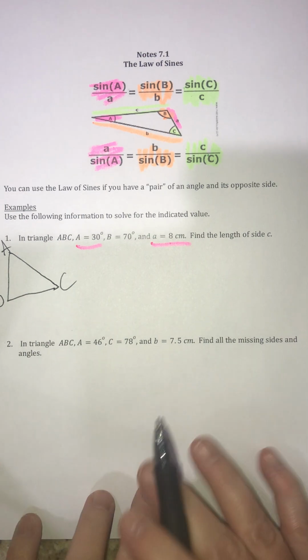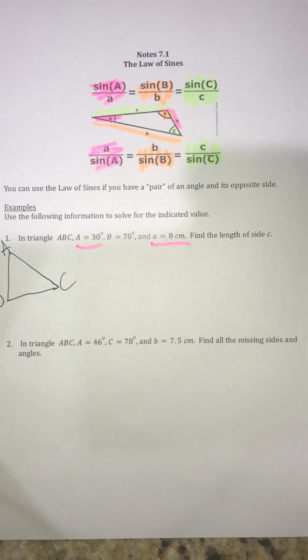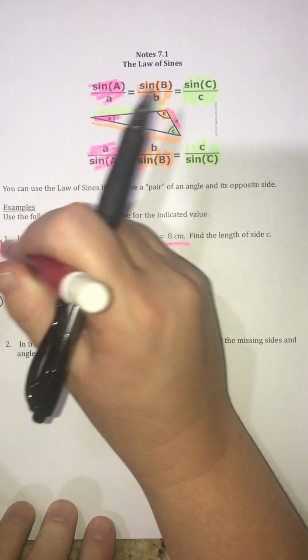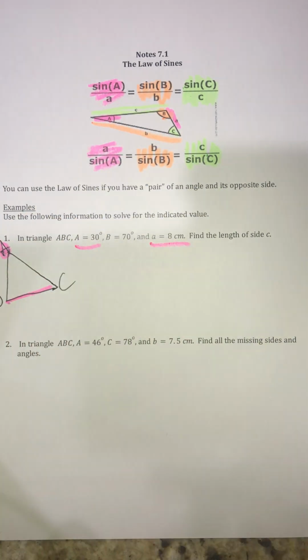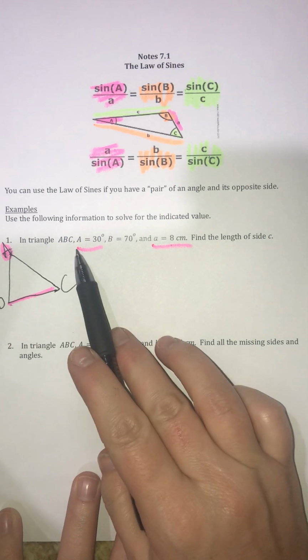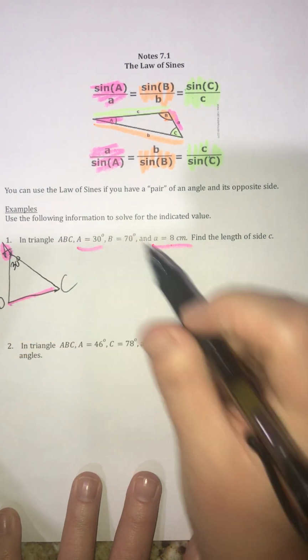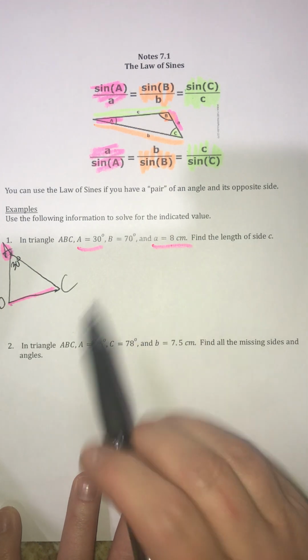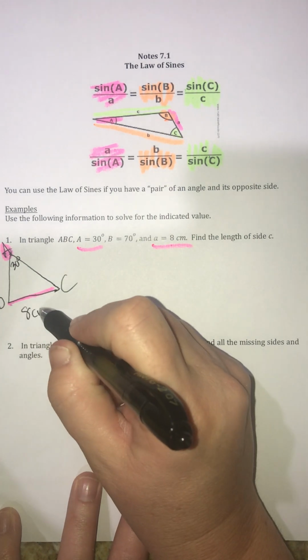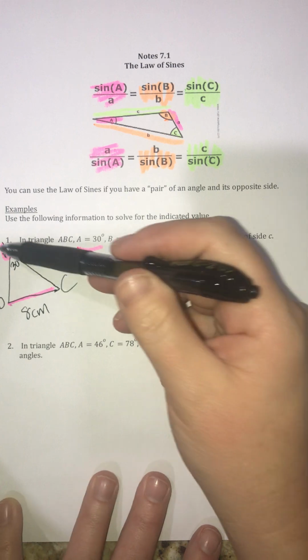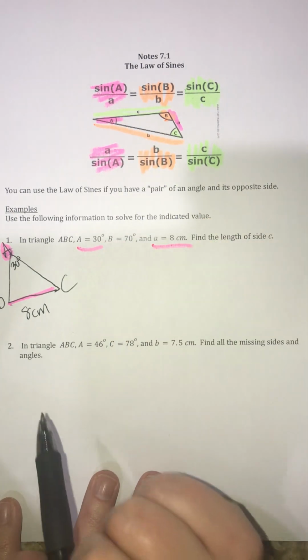When I label my triangle, I have to make sure that my angle A and the opposite side A are the ones that get labeled. So big A, 30 degrees. Little a, 8 centimeters. That pair right there means I get to use law of sines.